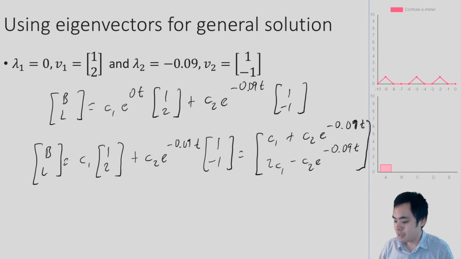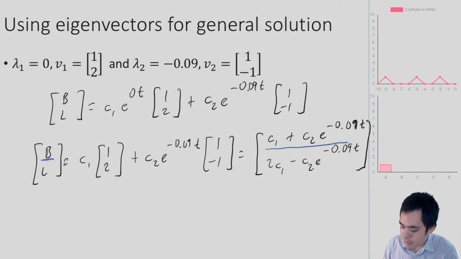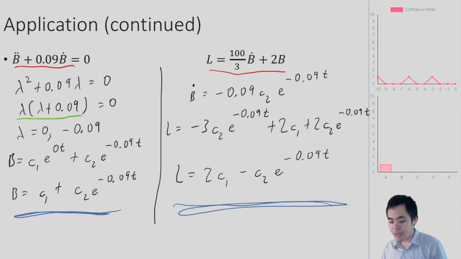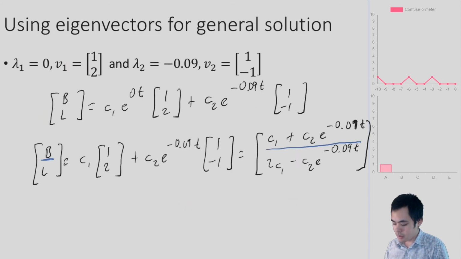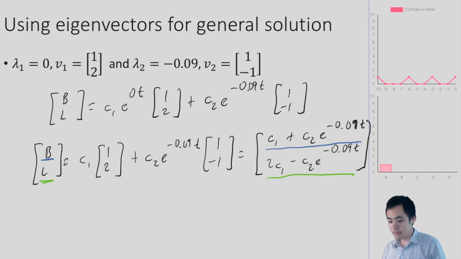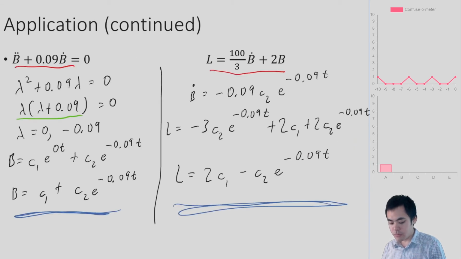Notice that what this means is that B is equal to C1 plus C2 e to the minus 0.09t, and that's exactly what we had before. Similarly, L is equal to 2C1 minus C2 e to the minus 0.09t, which is also what we had before.